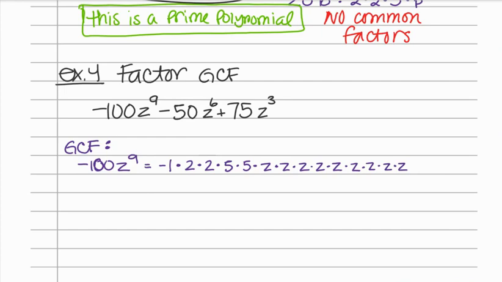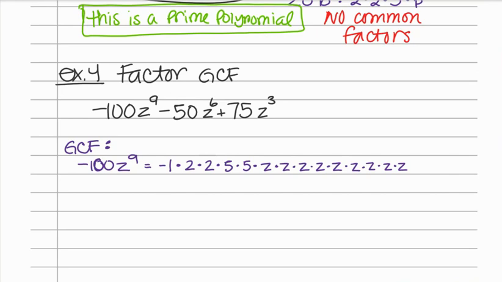Let me double check my count. Okay, perfect. Now you'll notice I put a negative 1 up front. You're going to see why that's important as we work through some examples and during this example. If there is a negative 1 to factor out, we want to do that. Okay, so the next part, and this is something we didn't do in one of the previous examples, but we're going to do it now and you'll see why in a minute.